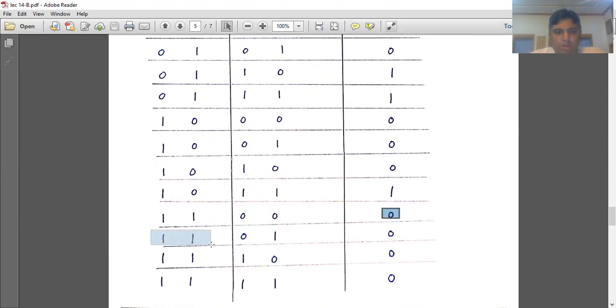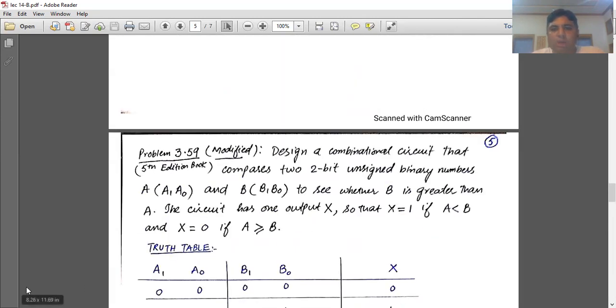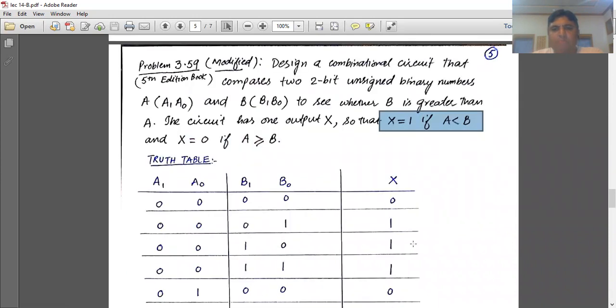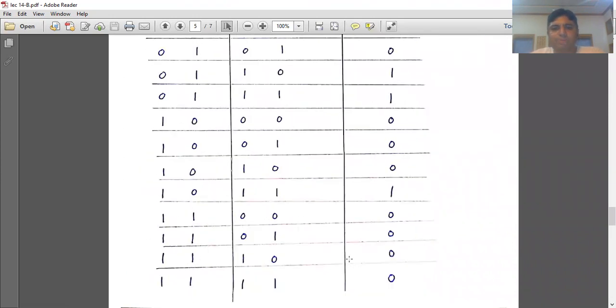Here A is 3, B is 1, A is greater than B, so X is 0. Here A is 3, B is 2, so A is greater than B, so X is equal to 0. Here A is 3, B is also 3, so A is equal to B, so X is equal to 0. So you can see that we have made a truth table where X is equal to 0 when A is greater than or equal to B, and X is equal to 1 when A is less than B. Okay, this is your truth table.